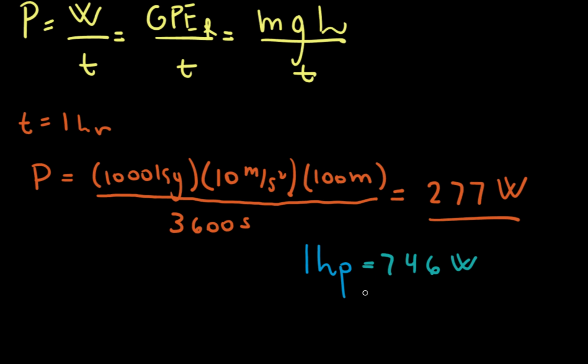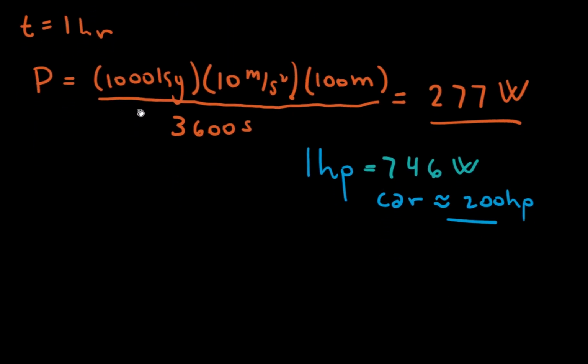And for those of you who are curious, any car that is street legal is no more than about 200 horsepower. A street car with 200 horsepower is quite a quick car. Most hover around 150, I think, in the ballpark.